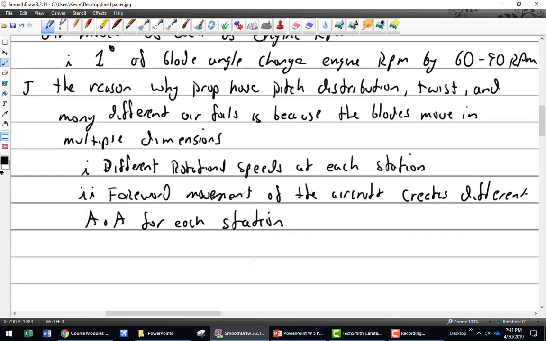And what is angle of attack? The angle at which the air hits the airfoil. All right, angle of attack is the angle between chord line and, say it, Steve? Relative wind.